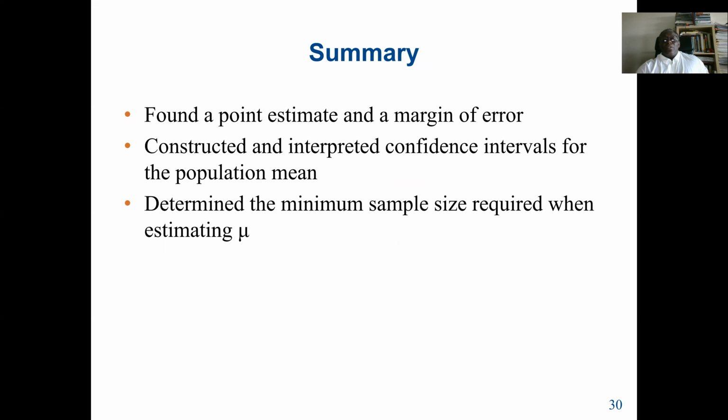So this will be the end of this lecture. In summary, we learned how to find the point estimate and margin of error. We also constructed and interpreted confidence intervals for the population mean.